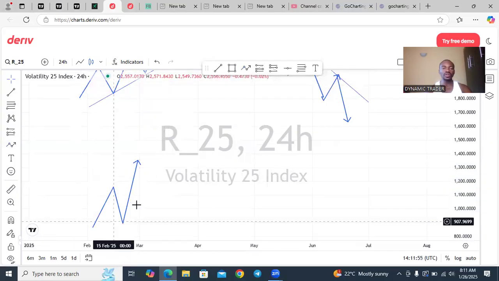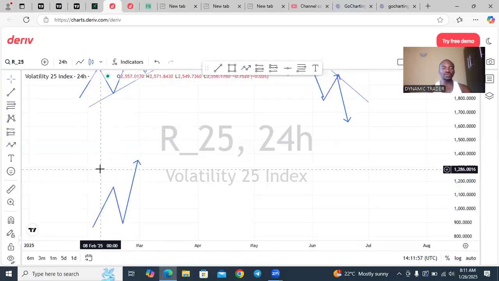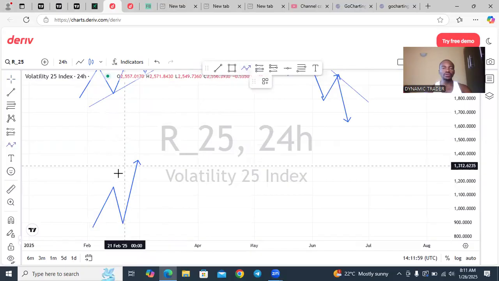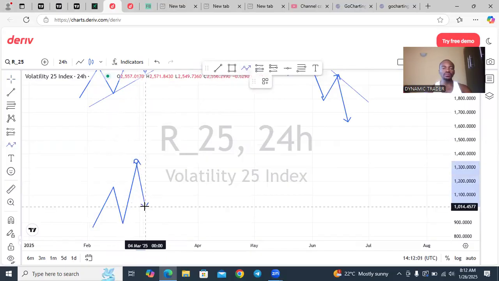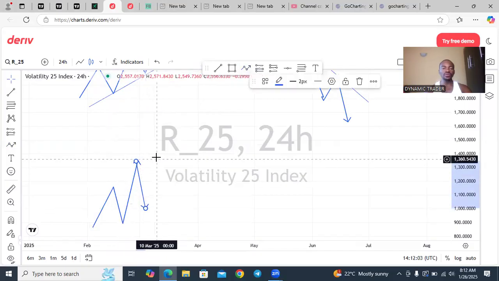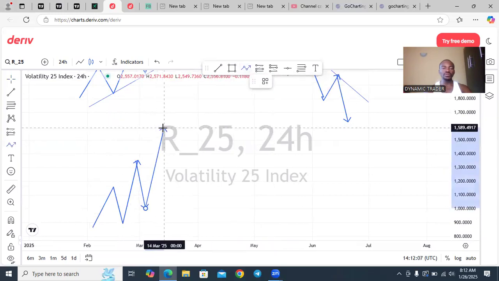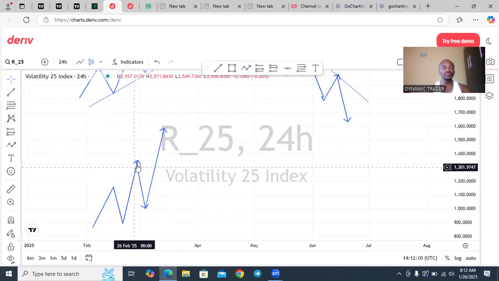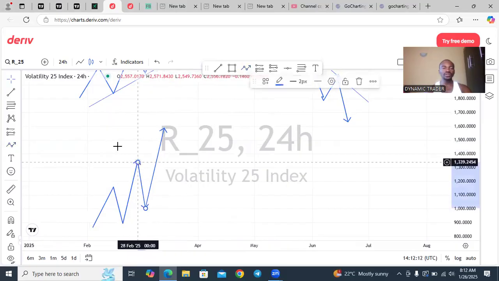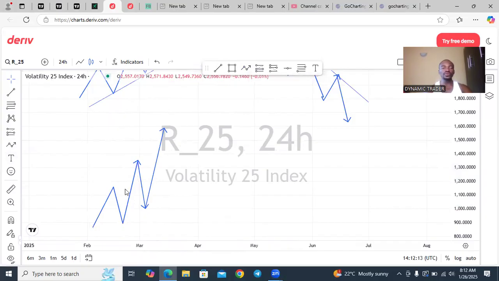Now, when the market has done this, the next thing, it forms this low, then the low goes again to break this previous high. So you've seen that this is a high.